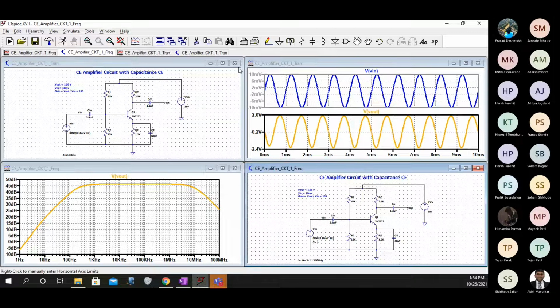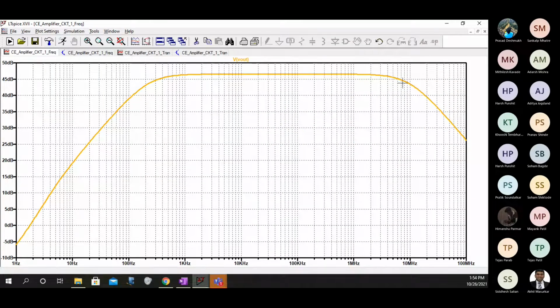So first, I want you to show me this transient as well as the frequency response together. I want these two circuits, dot tran and dot frequency response, together.